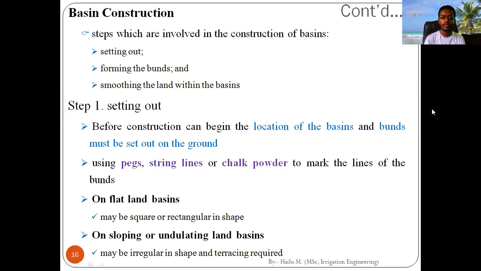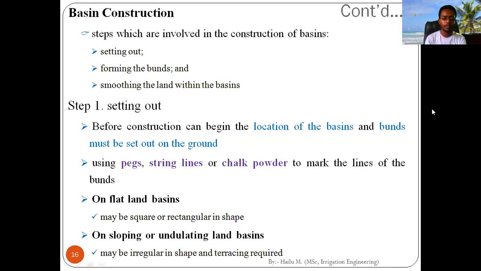The first one is setting out. The second step will be forming the bands. Thirdly, we smooth the land within the basin. So let's see what we are going to do in each step.